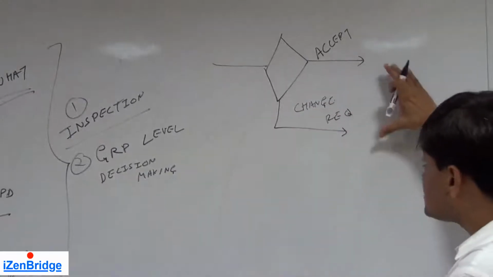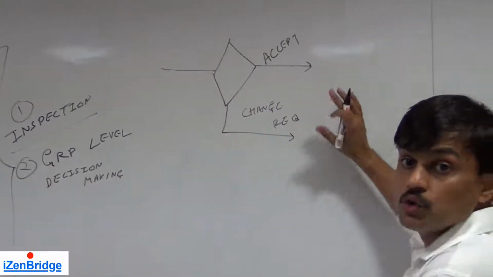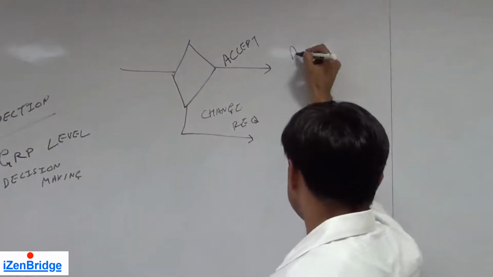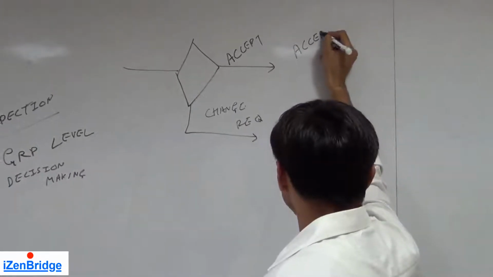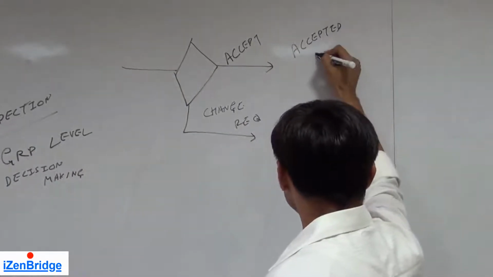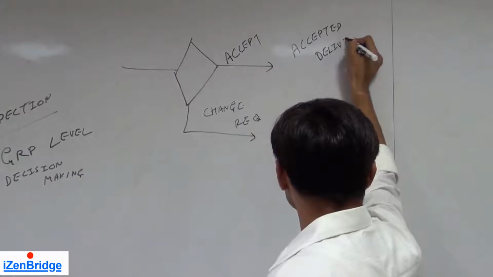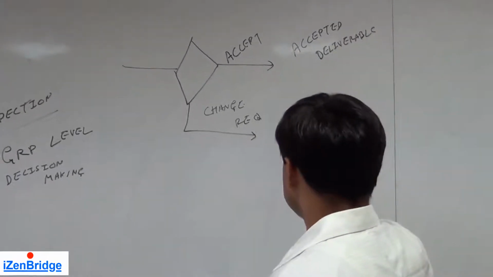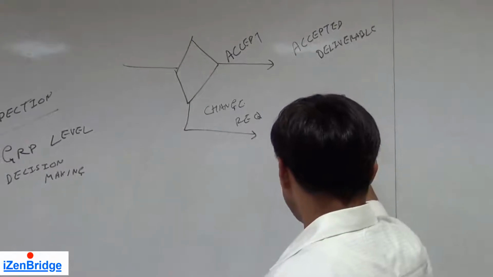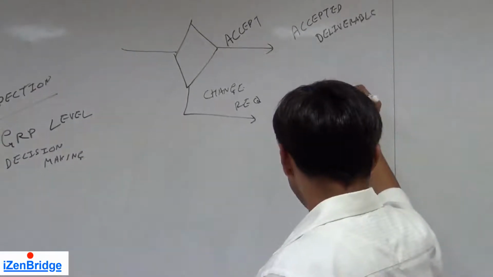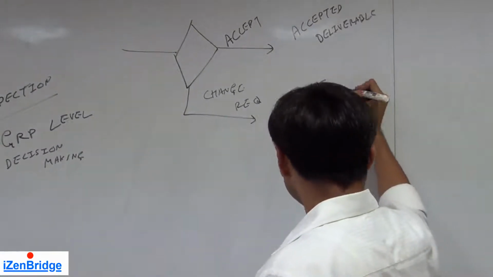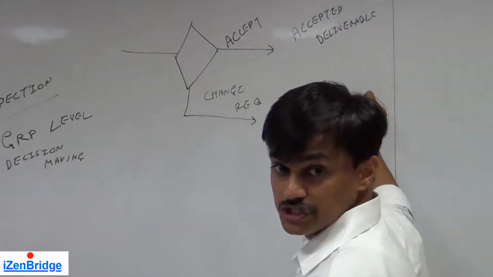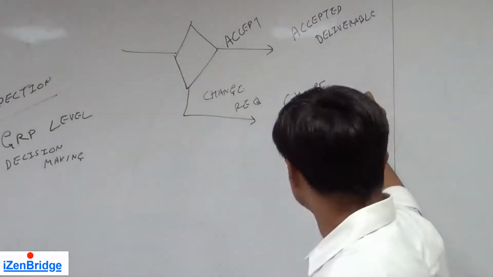So these decisions generate two outputs. One is accepted deliverable and another is change request. If they find that something is not as per their expectation, they will generate the change request.